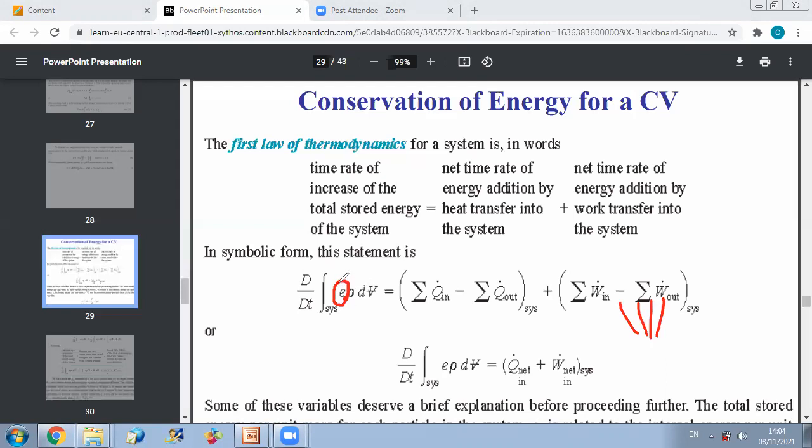Then we will obtain the first law of thermodynamics for a system, which states that the rate of increase of the total stored energy of a system is equal to the net time rate of energy addition by heat transfer plus the net rate of energy addition by work transfer to the system. Okay, so this is what we should know.